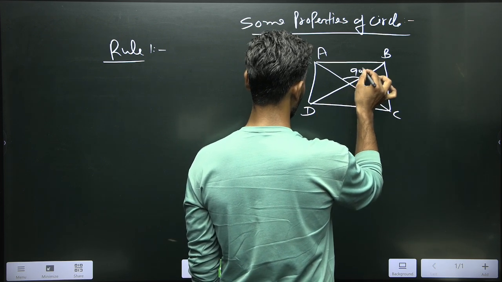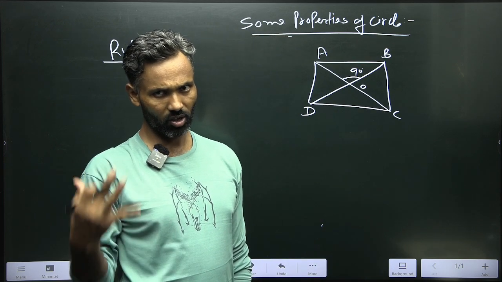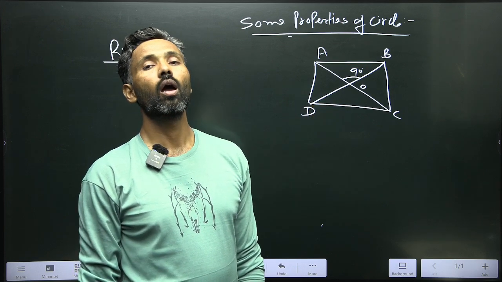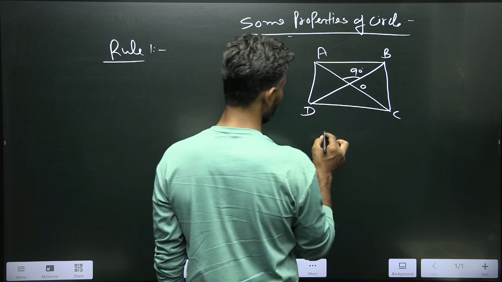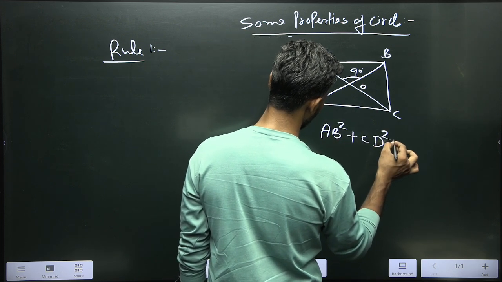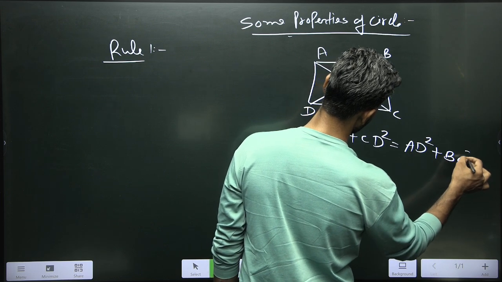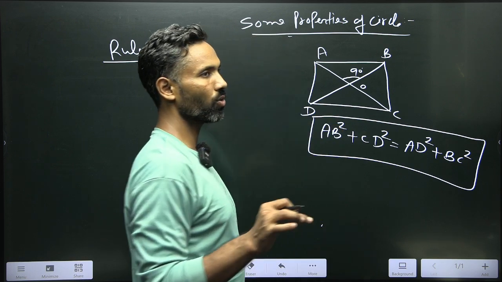All this information is provided in the question. Then there is a rule that the sum of squares of opposite sides will be equal. That means AB square plus CD square will be equal to AD square plus BC square. You have to keep this rule in your mind.